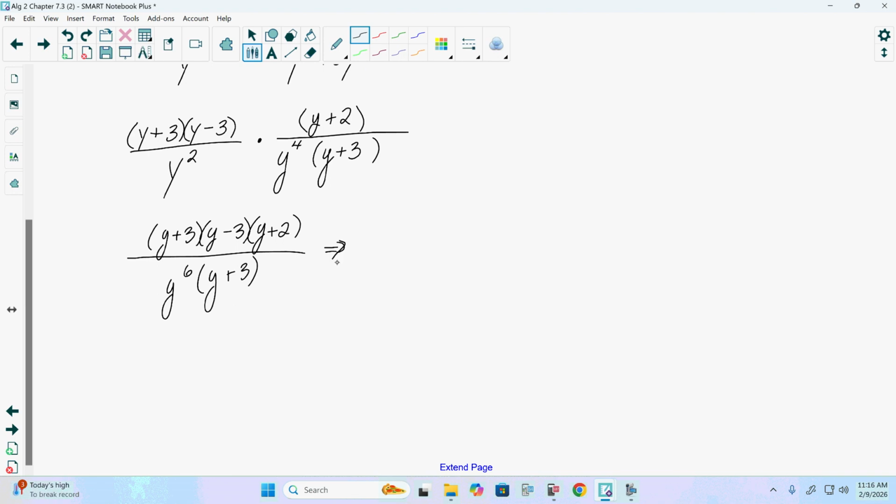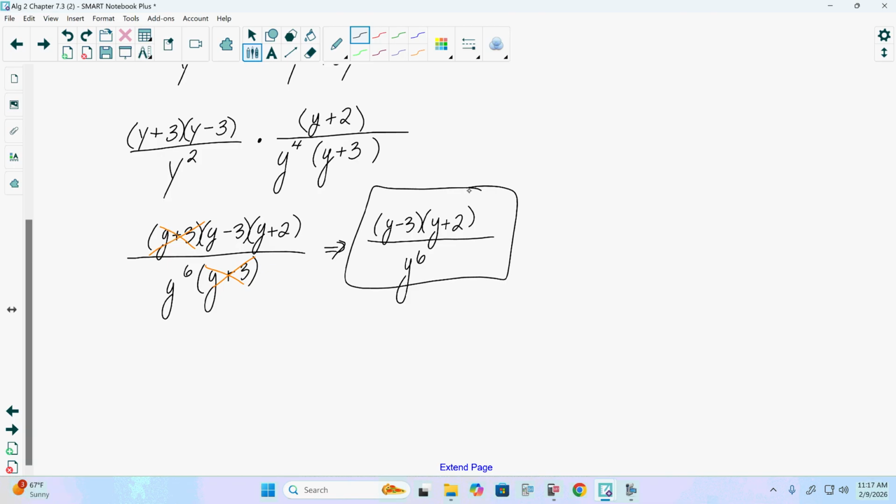Now let's simplify what's in common. Well, y plus 3 over y plus 3 would cancel, and that's it. So we're left with y minus 3 times y plus 2 over y to the 6th. And that's it there. We don't have to simplify it back. We don't have to remultiply anything out.